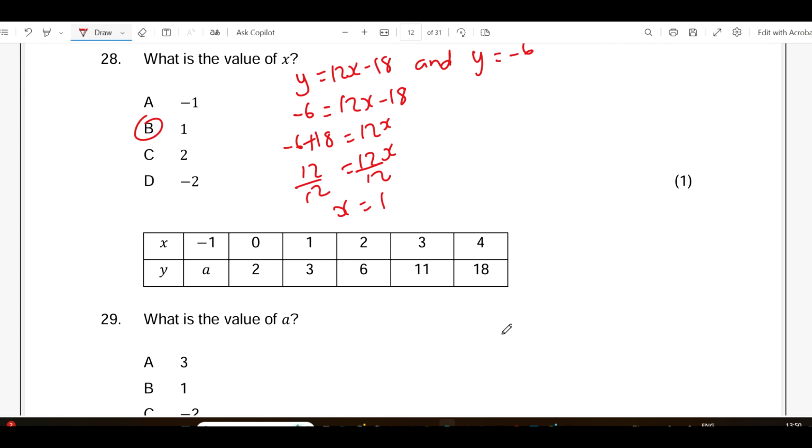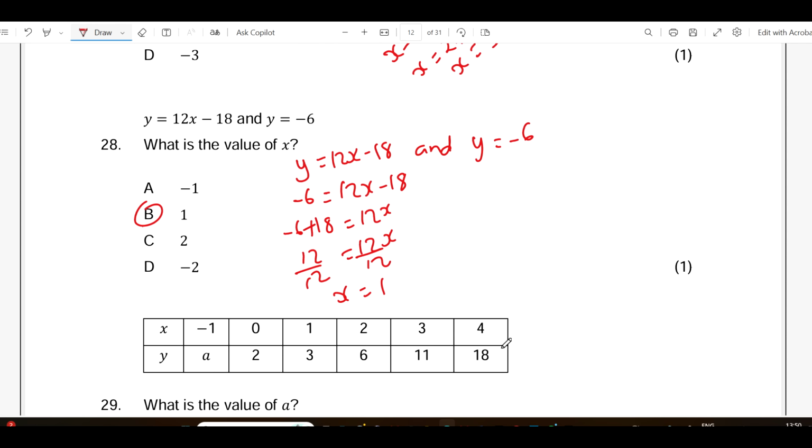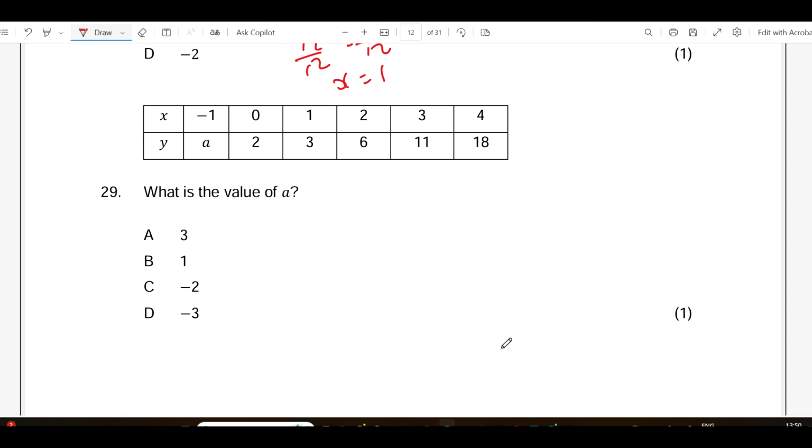So let's proceed to number 29. What's the value of a, guys? The only thing that we need to do is to check how the y values are moving.